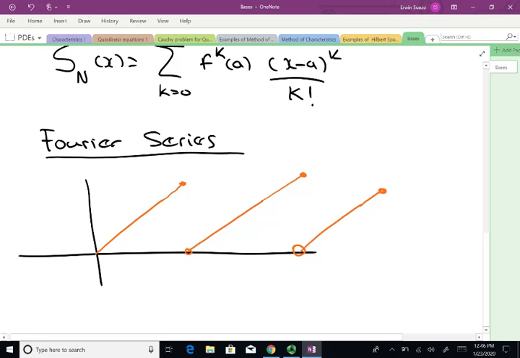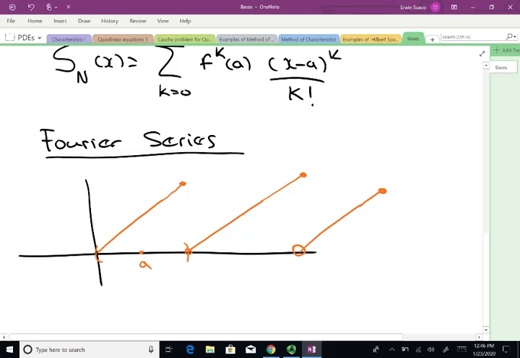You could use Taylor's theorem and you'll find an approximation around here, and it will look very good. But what about all the other signal? Taylor's theorem has the weakness that you can only do it around one point, but then with periodicity you are losing it. So with Fourier series, we're going to do an approximation.